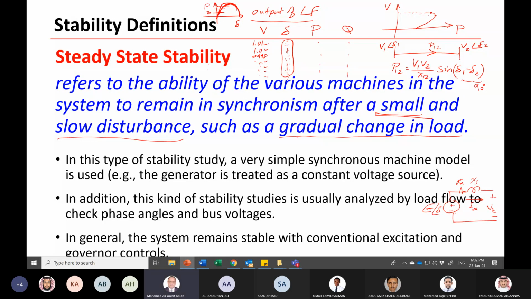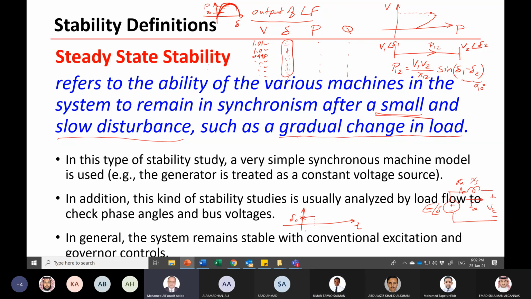When you have out of synchronism, what does it mean? This is the delta and this is the time. The machine is running here at delta 0.